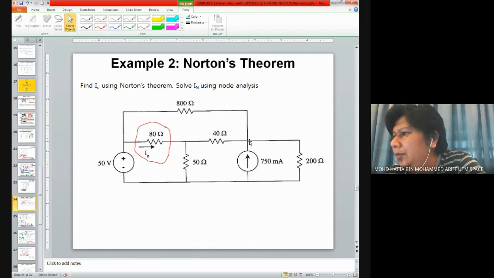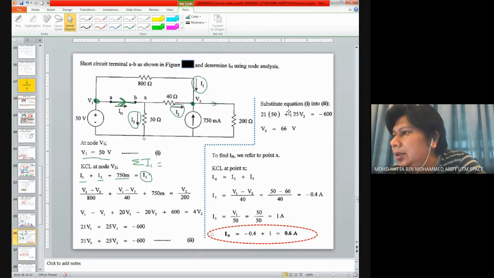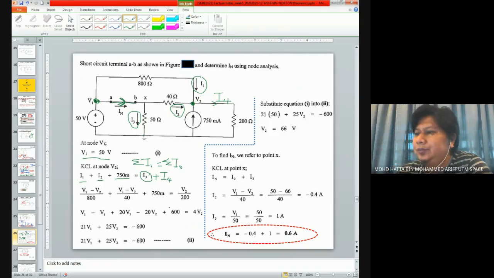At V2 we have this 200, which means we need to add this 200 as I4 over here, and I3 plus I4 as our sum of current going out from that node.